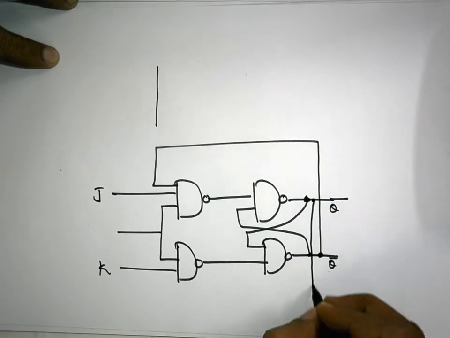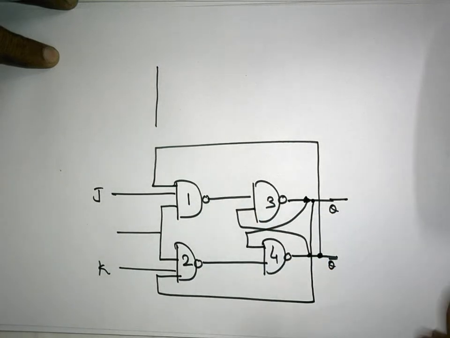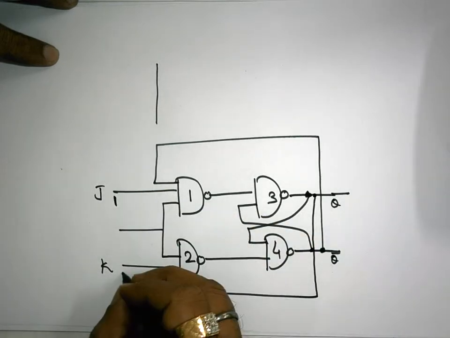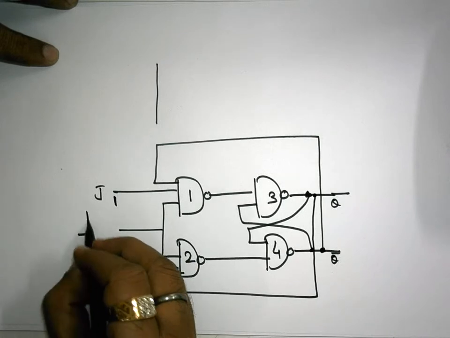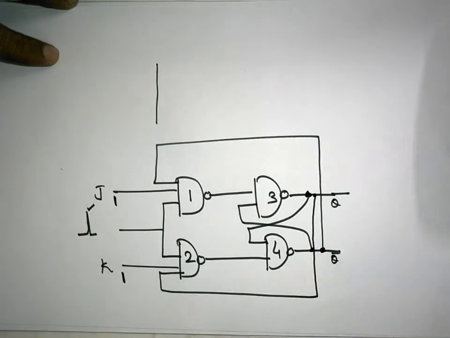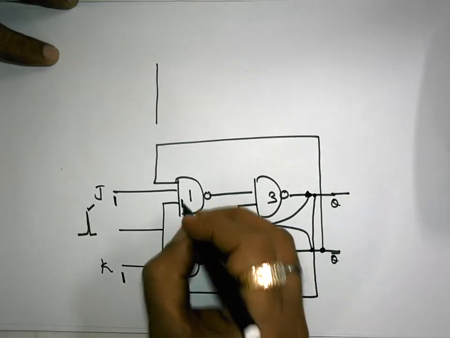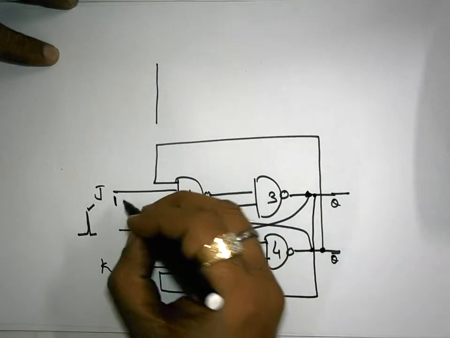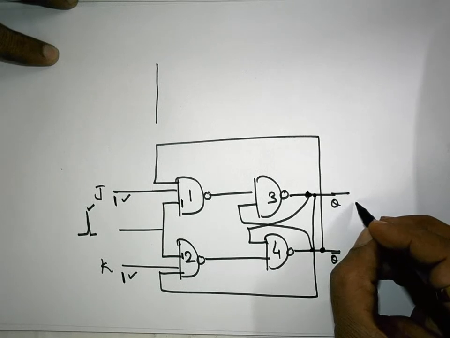This is gate number 1, 2, 3 and 4. Okay. Now what I am giving is input J and K as 1, and at this moment this clock happens to be equal to 1, otherwise it is 0. So when this combination exists, this output toggles, meaning it changes its state.